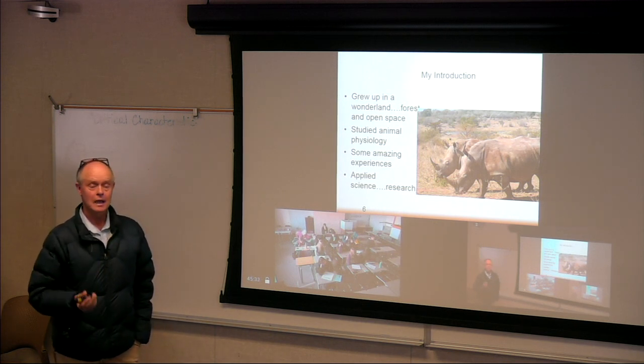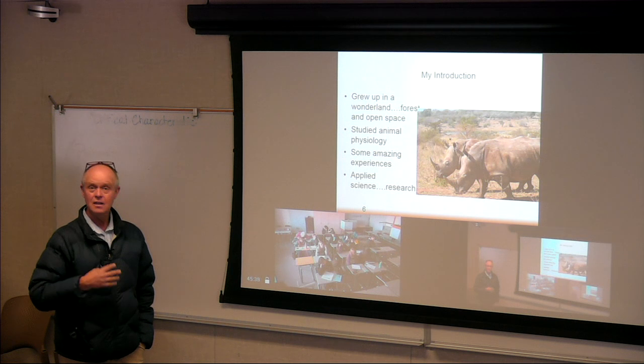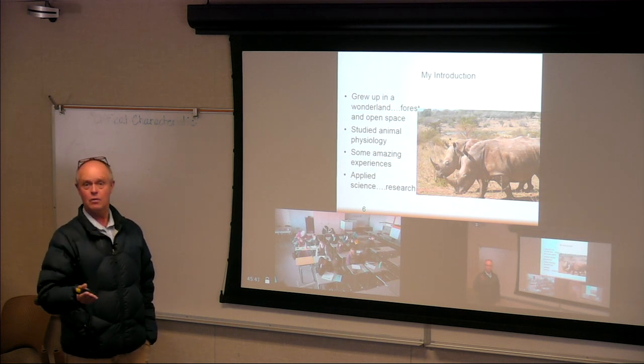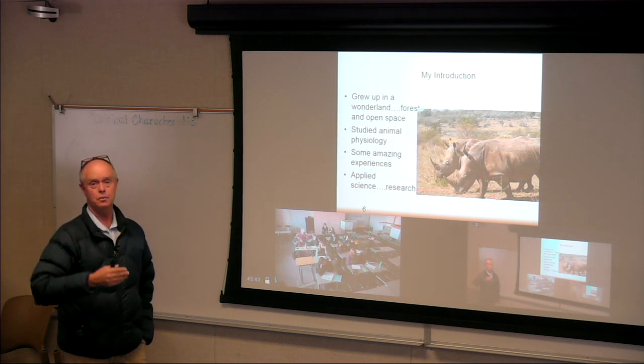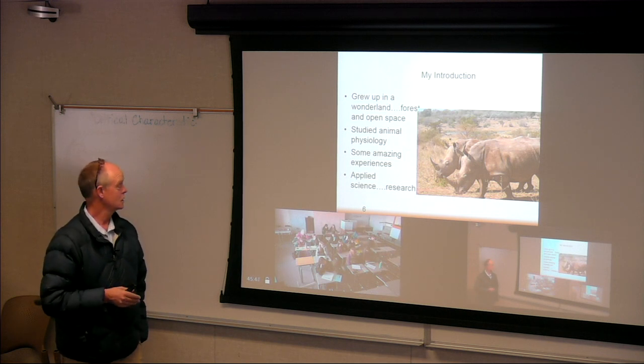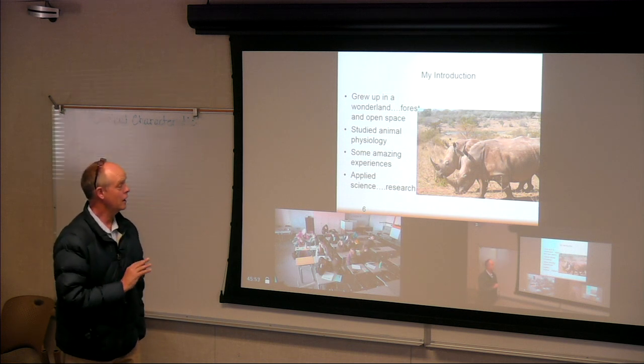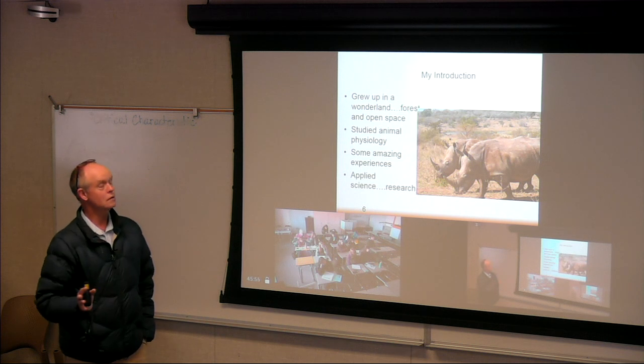But as the game guard told me on the first day, he said, I don't understand this stupid Mlungu, because everyone knows that you walk around this bush, you don't go through it, because eventually the black rhino is going to charge you. So sure enough, a couple of days into it, three days, we got charged by a black rhino. Luckily, they're very poor-sighted, so it charged across the front of us.